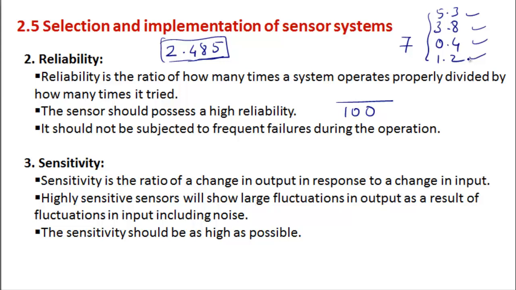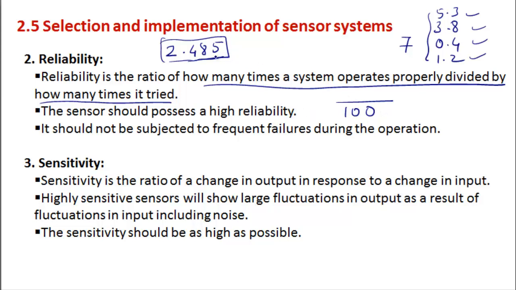So generally you look at the reliability, which is calculated by how many times a system operates properly divided by how many times it tried. Within the industry, they put it to test and find out the reliability.